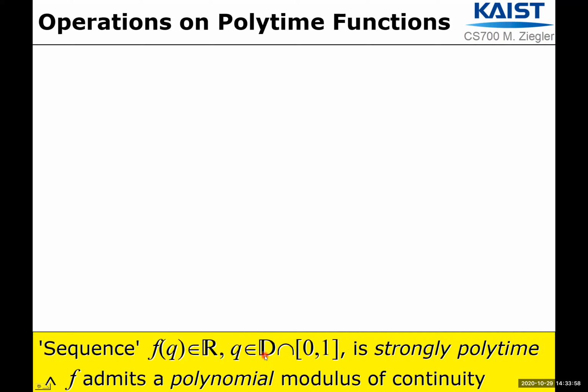When we equip the countable dense sequence with a total order, such as the lexicographical order on the dyadic rationals here, if this sequence is strongly polynomial time computable, which is a notion that I still owe you to define, and the second condition is that the function has a polynomial modulus of continuity. Whether computable or not, that doesn't make much of a difference.